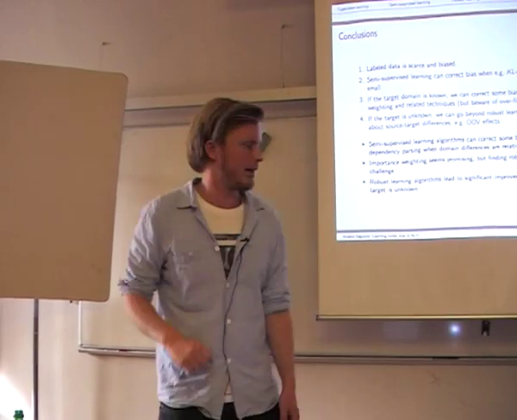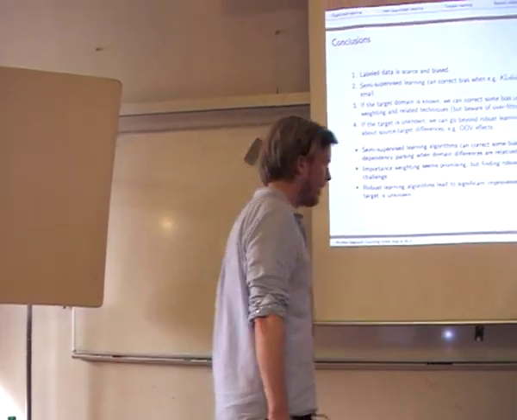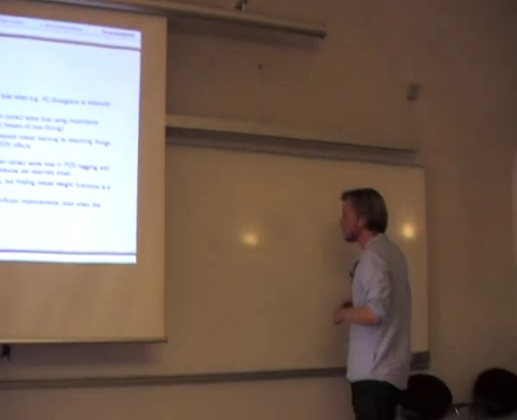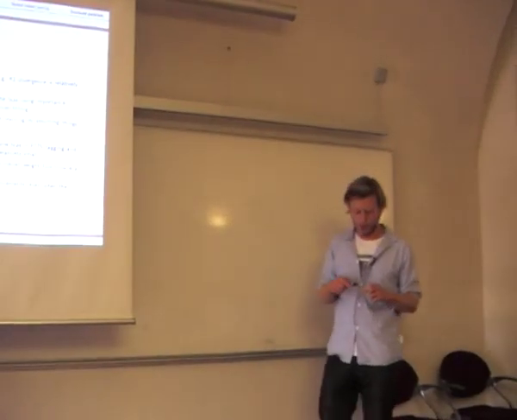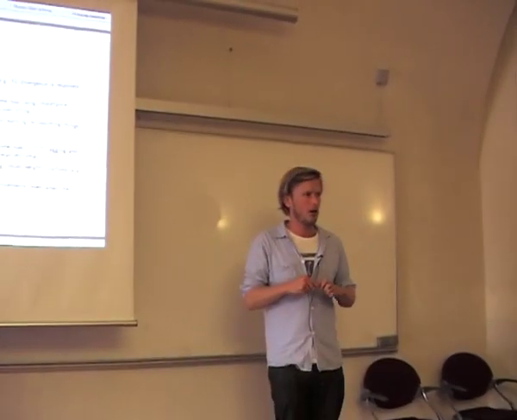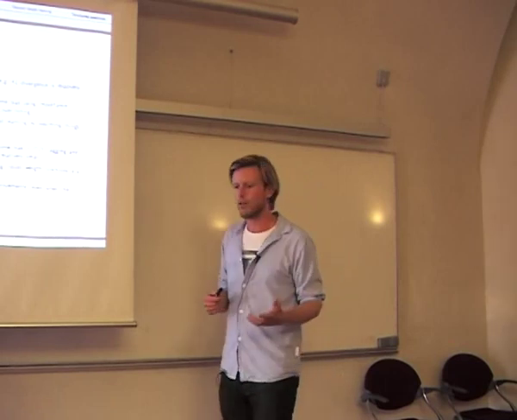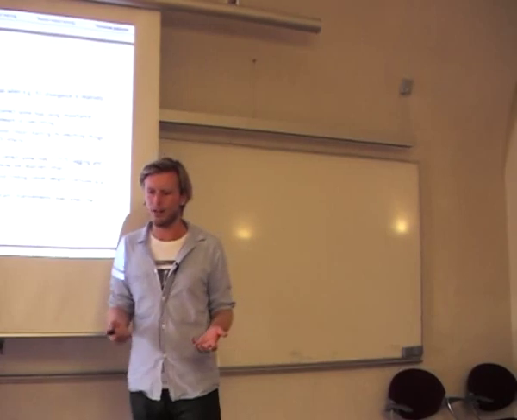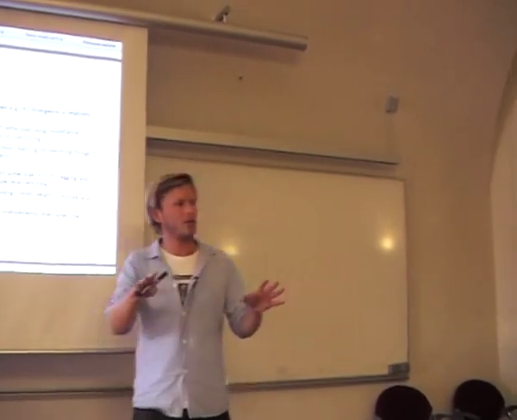One of the things that I didn't talk about today is how to think about different types of biases. There are different kinds of biases in the literature. There are sample biases.